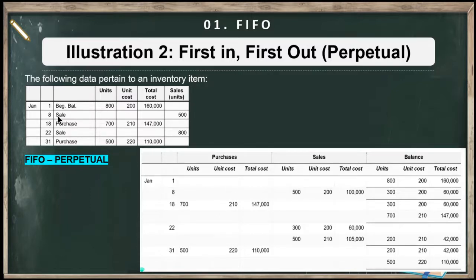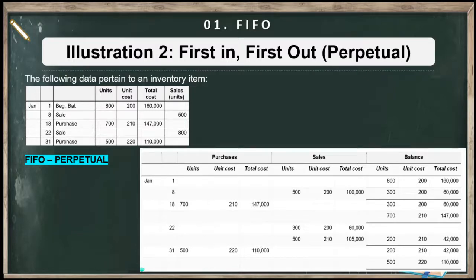Then we have a sale. Where will the items sold come from? Of course, from our beginning balance. So from 800 less 500 units, what will be left is 300 units. That's why this is our balance. Since the items sold are coming from the beginning balance, we're using the cost of 200.